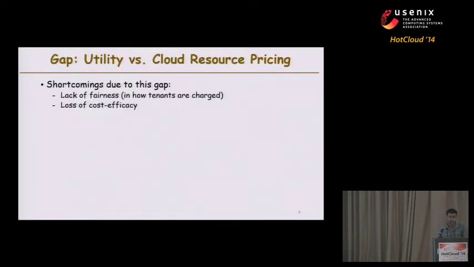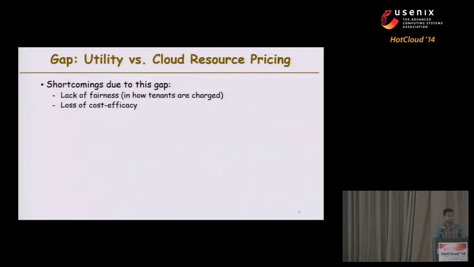So the previous discussion should make it clear that there exists a big gap between how electric utility companies price their resource and how they charge data centers on the one hand, and how data centers charge their tenants. Using somewhat simplified examples in the next few slides, I'm going to argue that this gap can result in at least two kinds of shortcomings.